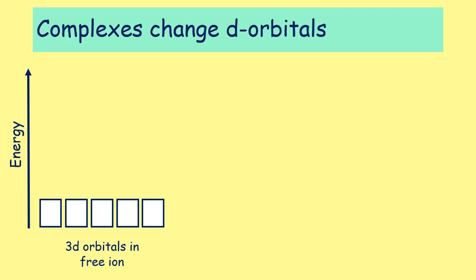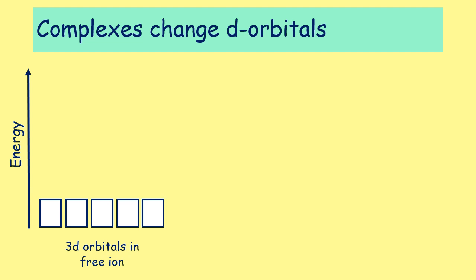So we know transition metals all have electrons within their d orbitals. Now, when a transition metal is not bound to anything, we describe the 5 d orbitals as being degenerate. They all have the same amount of energy.